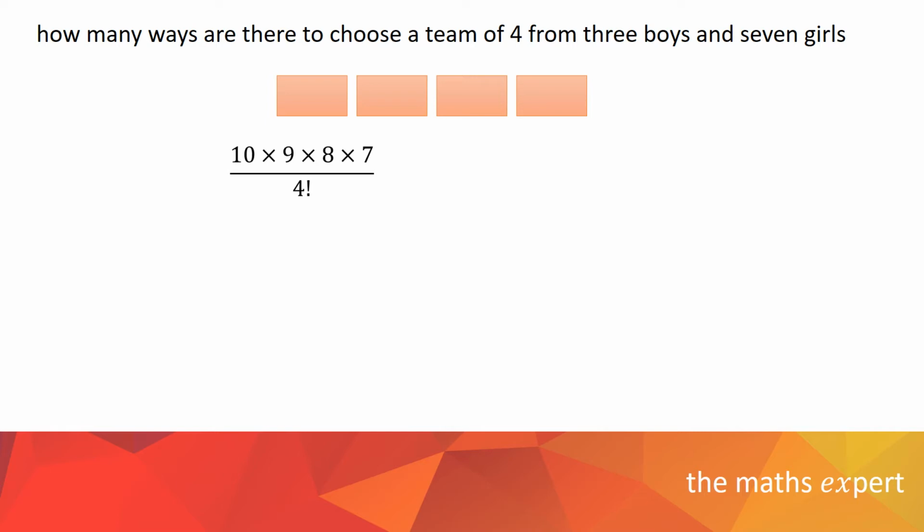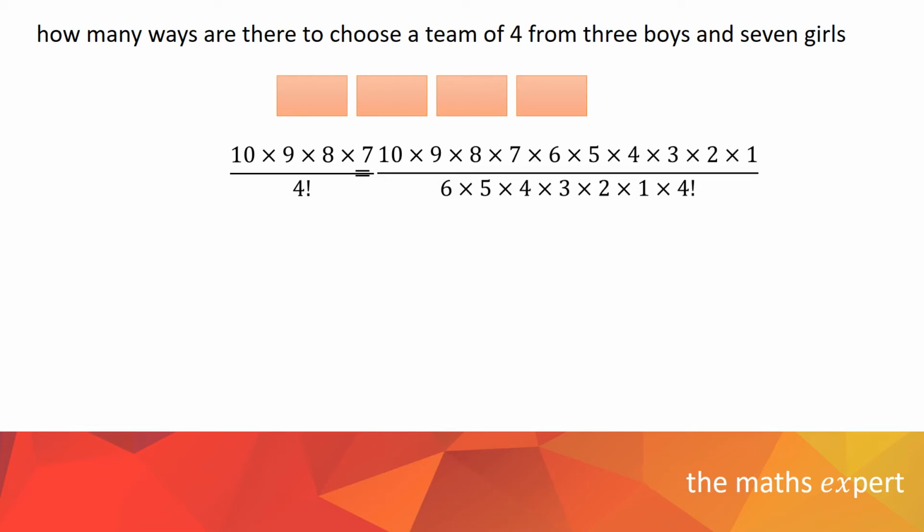Although a similar approach, I'm going to go further and simplify the fraction by first making it more complicated. Here I have added 6 times all the way down to 1 in the numerator. To make sure there is equality, I need to do the same to the denominator, as this is how we preserve the value of a fraction. I now have a factorial on the top and a factorial on the bottom.